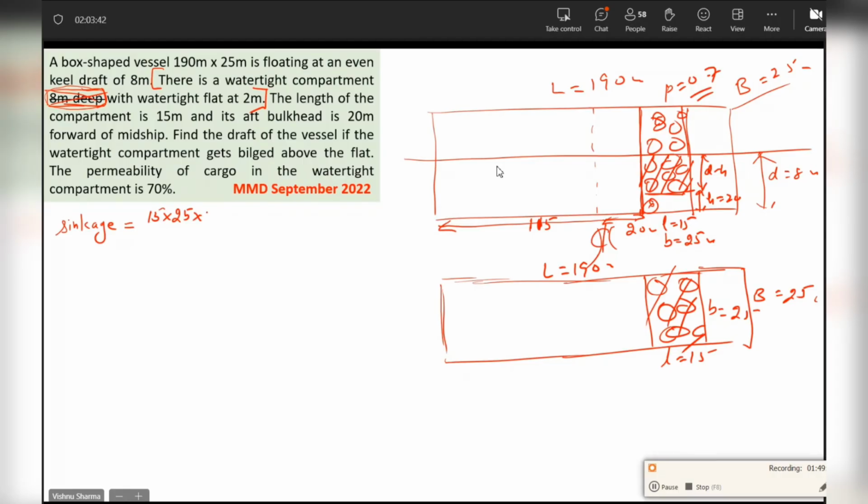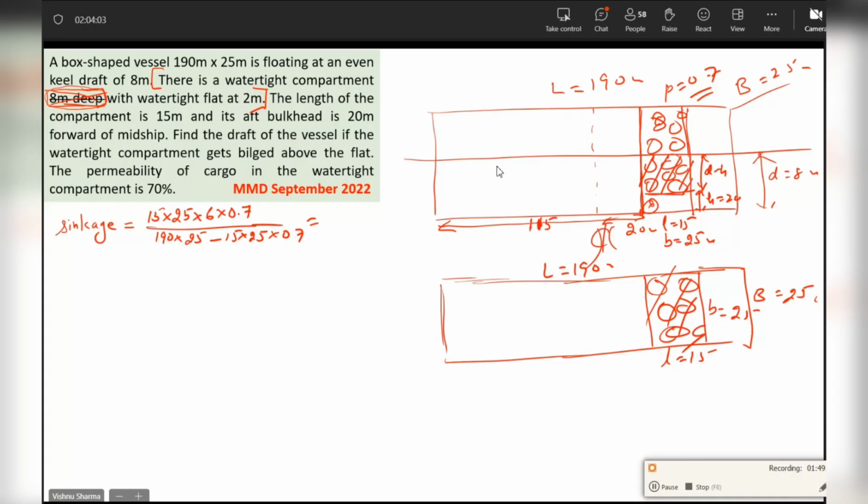T minus H, 6 meters, into permeability 0.7. 190 minus. Guys, please do it independently.